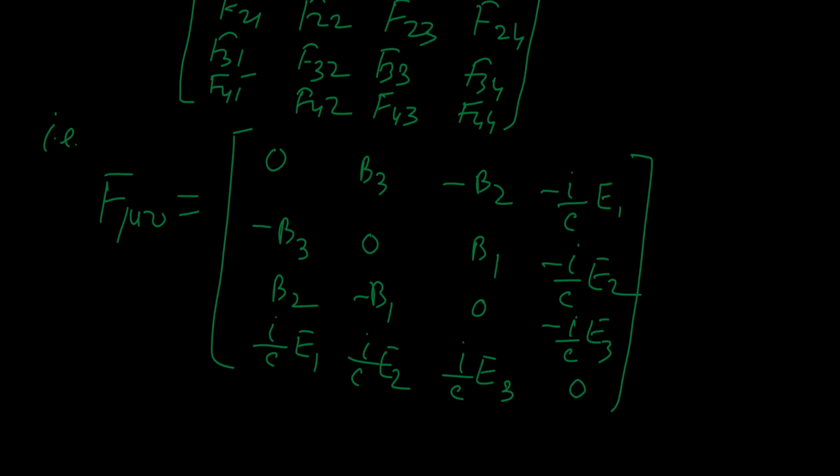In fact, this is the matrix defining the quantity F mu nu. There are 16 matrix elements of this quantity, which is clearly seen from equation 5.